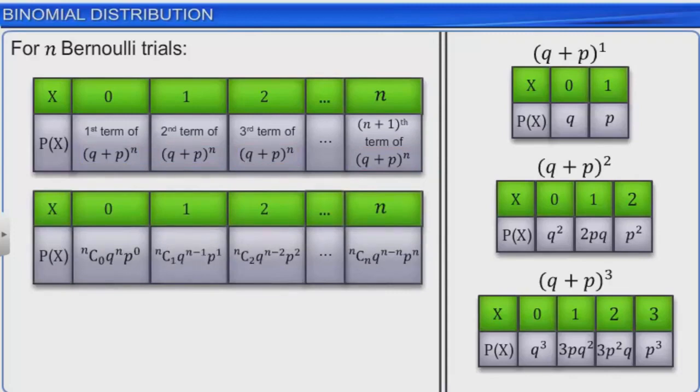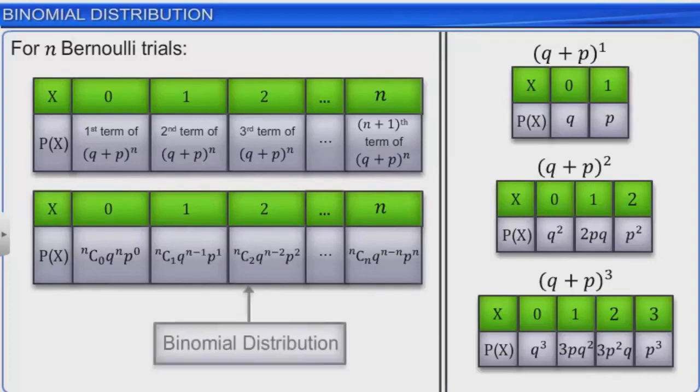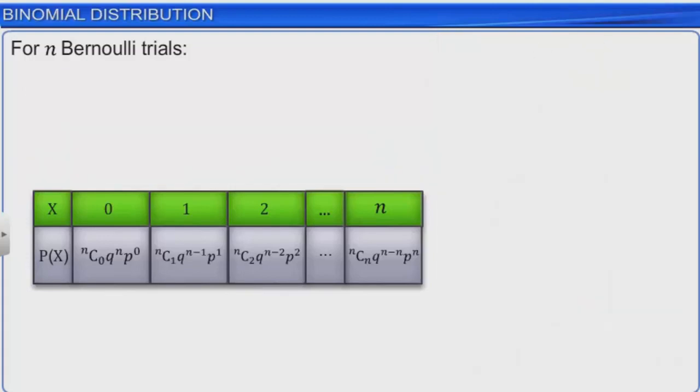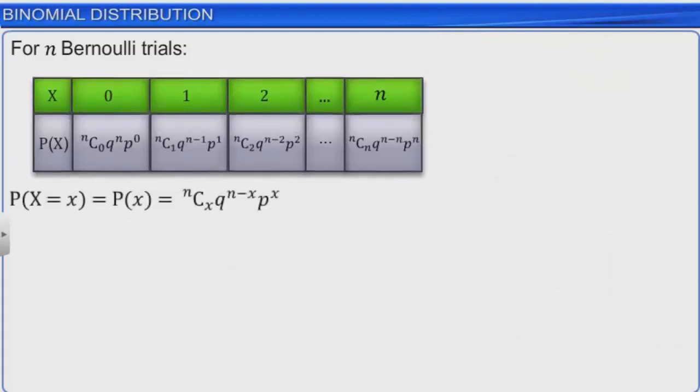Thus, the general formula for the probability of a given number of successes is given by the probability of X successes, or the probability that X can take the value x, is nCx into q raised to the power n minus x into p raised to the power x. This is denoted by P of x.